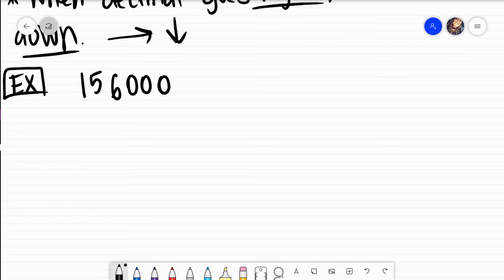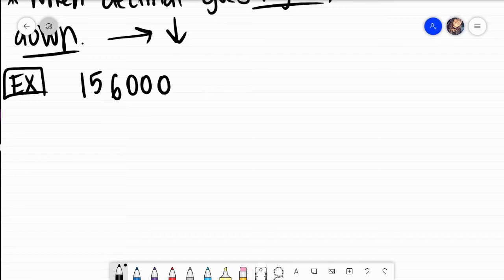Now, what I meant by when the decimal goes to the left, the exponent goes up, is that it's positive. It's not going to be a negative number because it's going up, so it's getting bigger in the positive direction. The alternative is when the exponent goes down, and what I mean by that is it's going negative.